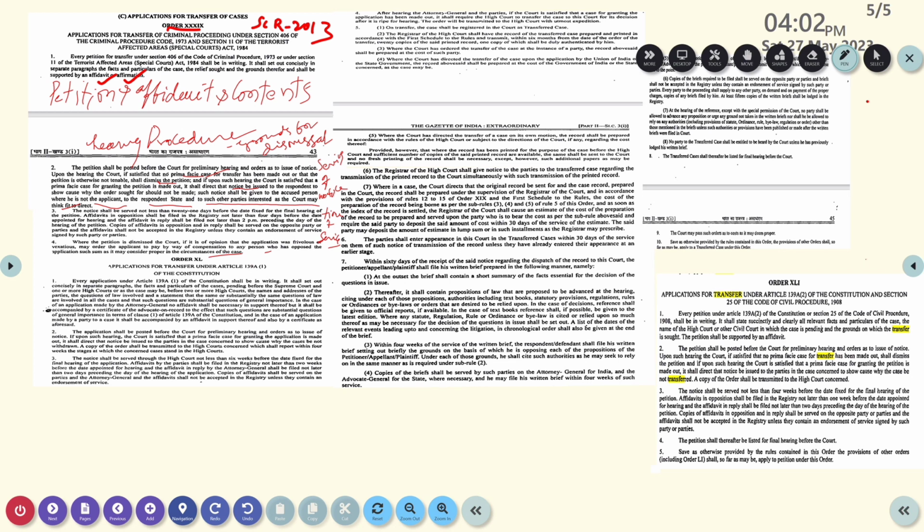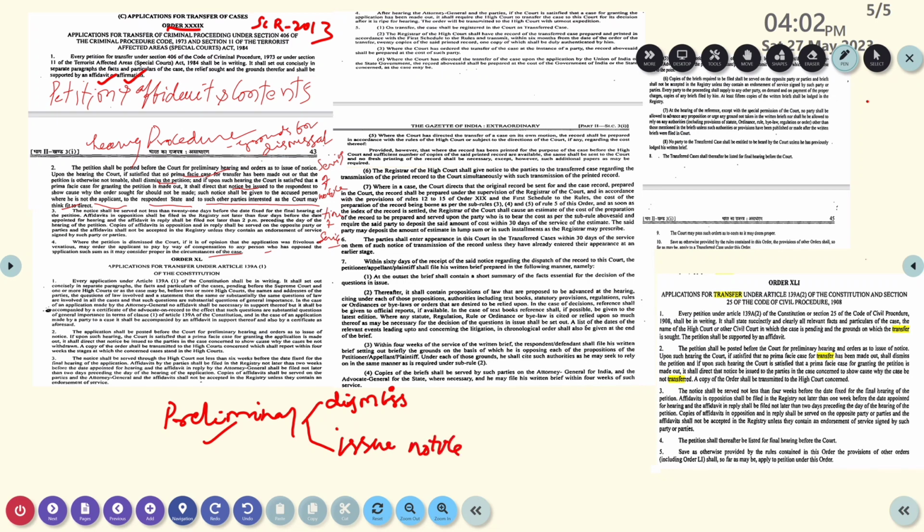This is regarding the hearing procedure. After filing the petition, at the stage of the first hearing, called the preliminary hearing, the court will decide. The court has two options: at the preliminary hearing itself, the court can dismiss the petition or issue notice.